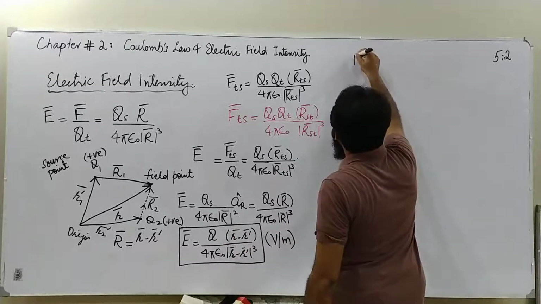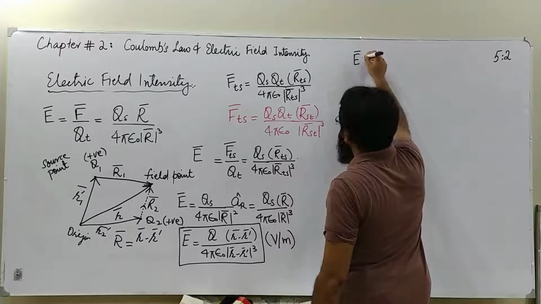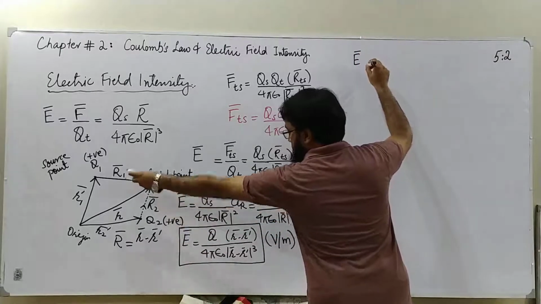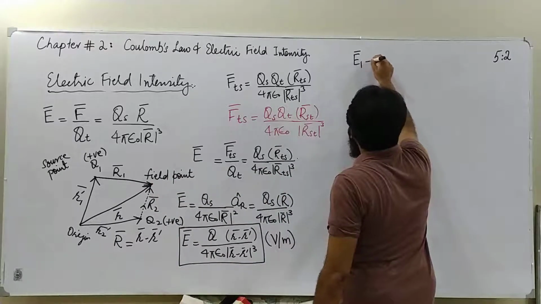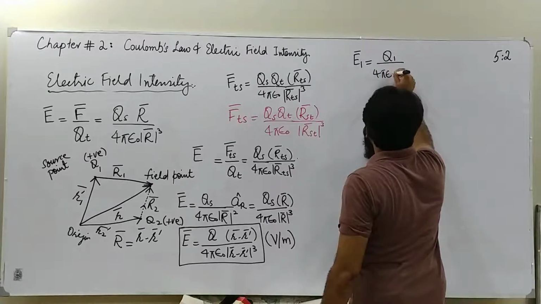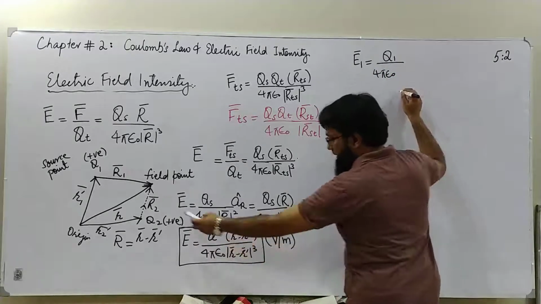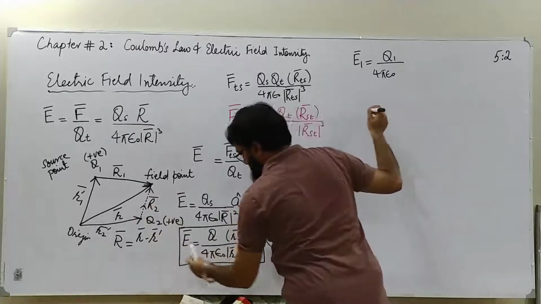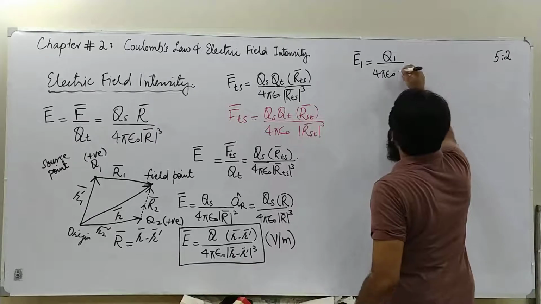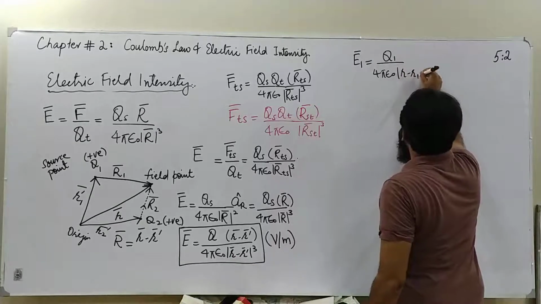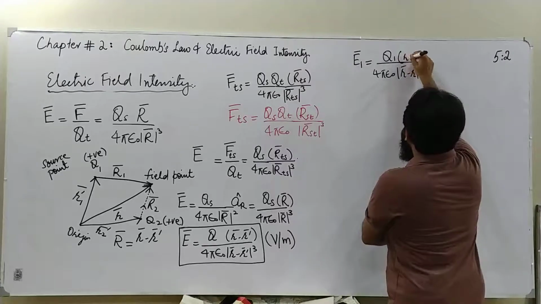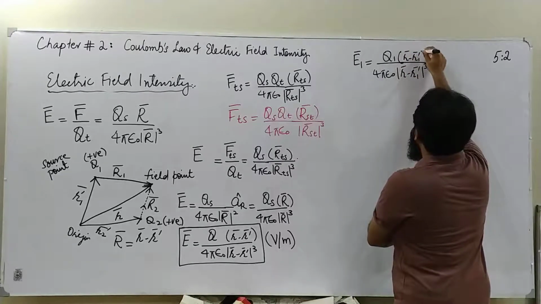So I can write that the field at this point due to charge q1 is q1 upon 4 pi epsilon naught, r1, which is nothing but r minus r1 prime. So r minus r1 prime cubed multiplied by r minus r1 prime.